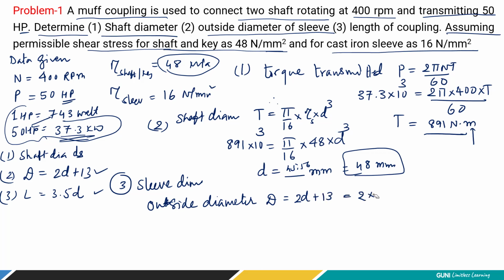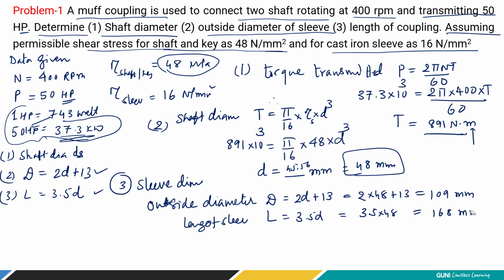So 2 into 48 plus 13 is equal to 109 millimeter. Now the length of the sleeve, not a key, is given as 3.5 times shaft diameter. So 3.5 into 48 is 168.